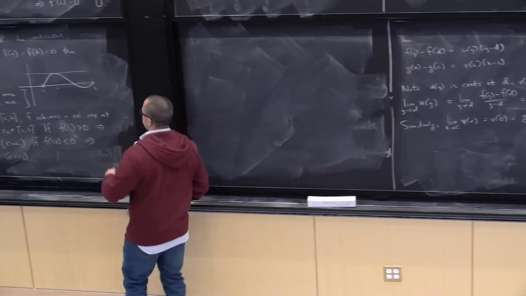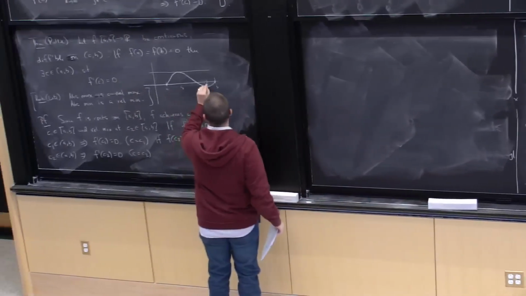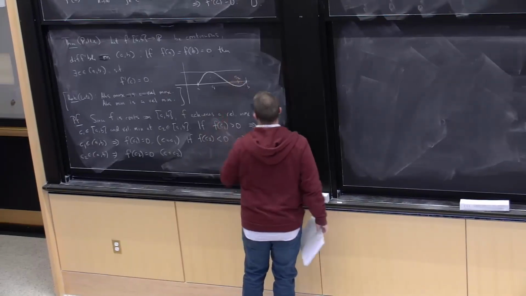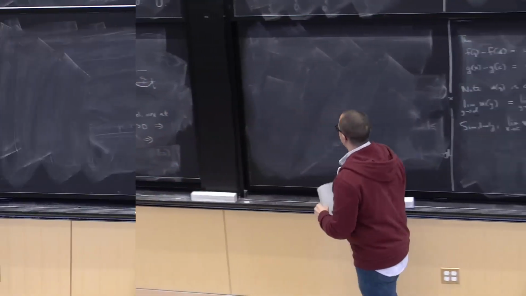So in terms of the picture here, this would be C1, C2, where we achieve a max and a min.